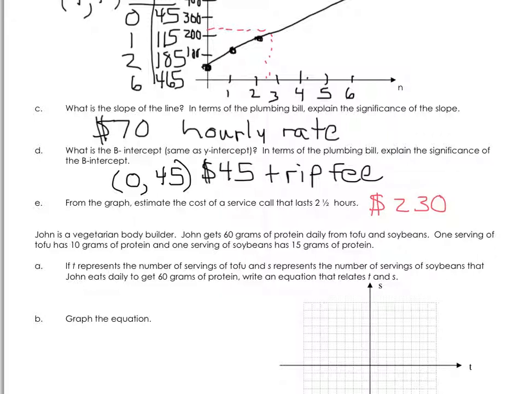We could use the equation if we wanted to know for sure. We could substitute 2 1/2 or 2.5 into the equation in place of n to find the exact value. But from my lousy graph, I would estimate about $230. Somewhere between $200 and $250. It's hard to tell.